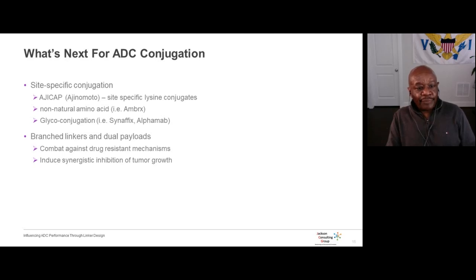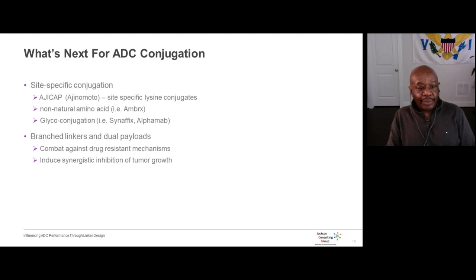The advantages of Ajinomoto's and Synaffix and AlphaMab's technology is that it doesn't require antibody engineering. So you can just take an antibody off the shelf that you're using and use these type of technology, as opposed to using something like Ambrx's technology. That's going to require antibody engineering, and that you have to find the right site to actually incorporate your non-natural amino acid to get the stability and the efficacy you're looking for.